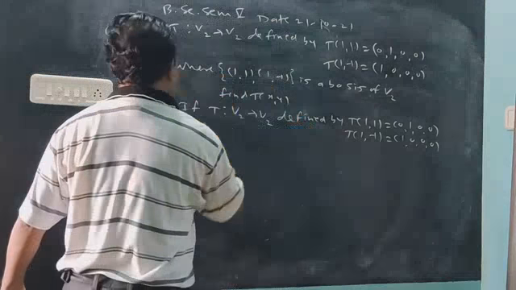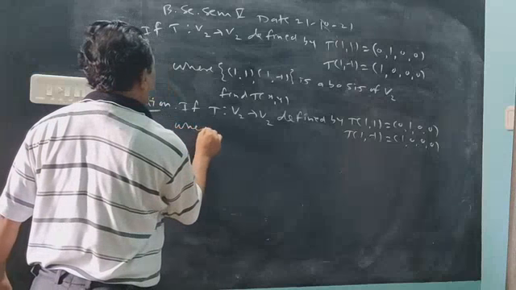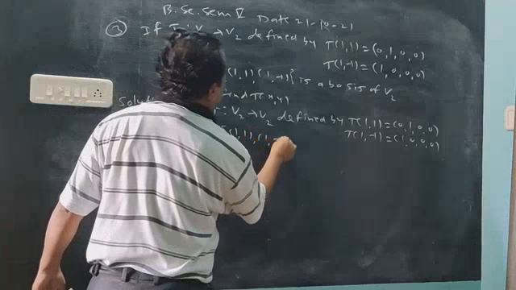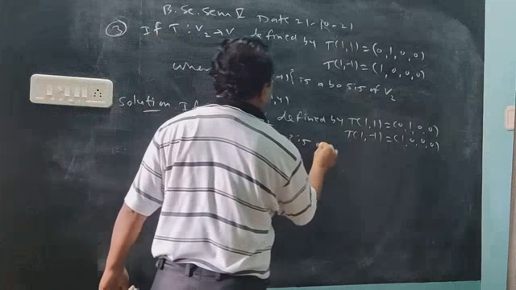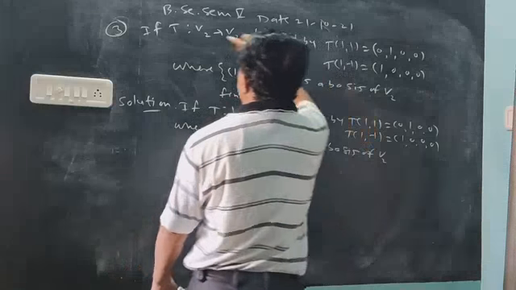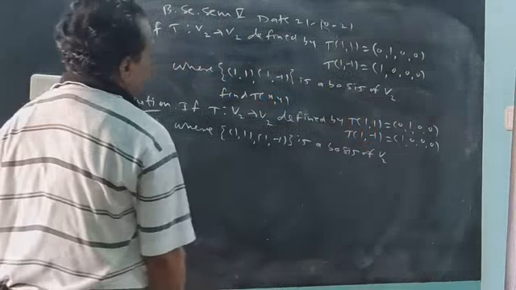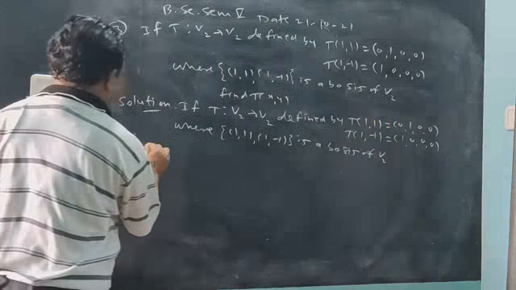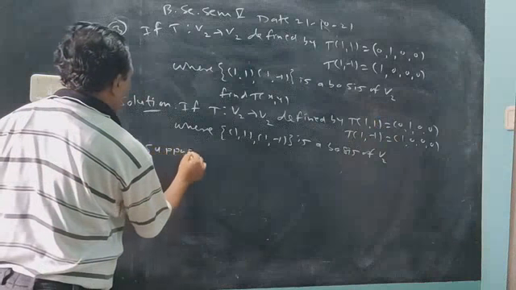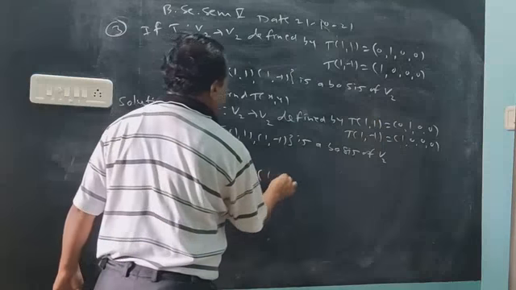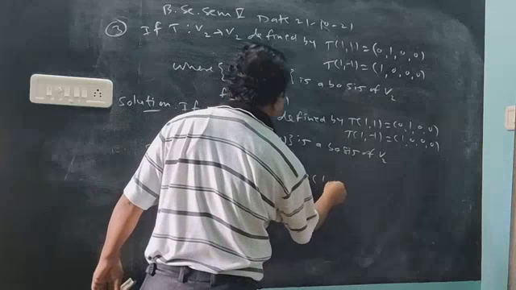Okay, and these are bases here. (1, 1) and (1, -1) is a basis of V2 space. Now the question is T of (x, y) I want. Suppose (x, y) is alpha times the first basis vector and beta times the second basis vector.